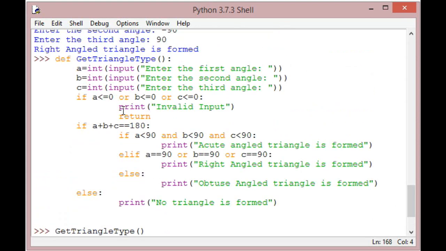Now what has happened? In this block we have taken that if any of the angles is 0 or less, it should display invalid input and then return. Now what is the meaning of the word return? Return here means that we are finishing the function. The execution of all subsequent lines will not be done within a function if it encounters return.